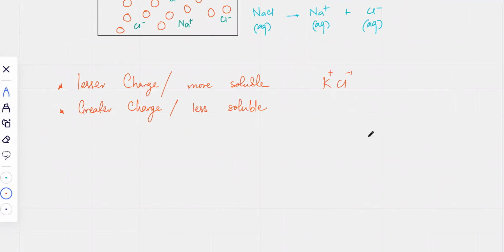But if something has a lot of charge, for example calcium phosphate, calcium is +2 and phosphate is -3, that kind of indicates that calcium phosphate would probably not be soluble. The force of attraction between the ions is too strong. Stirring with a spoon would not actually scatter the ions. Is this point clear?